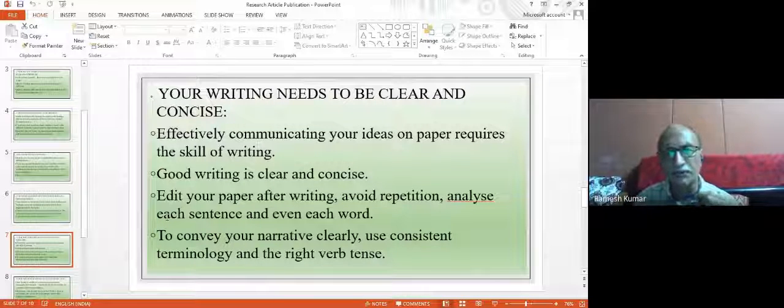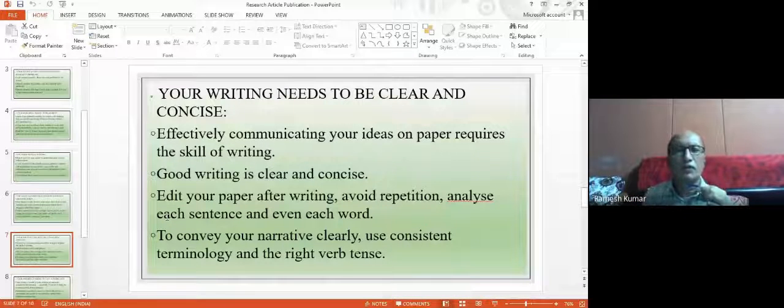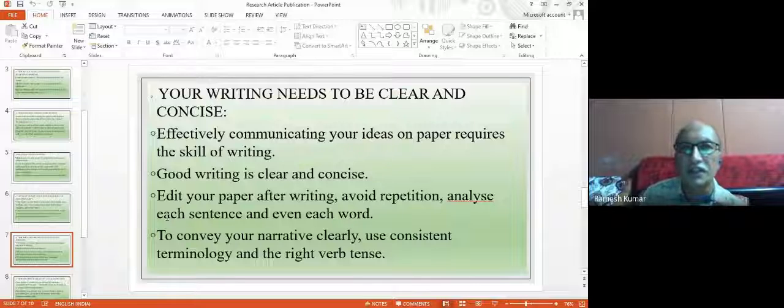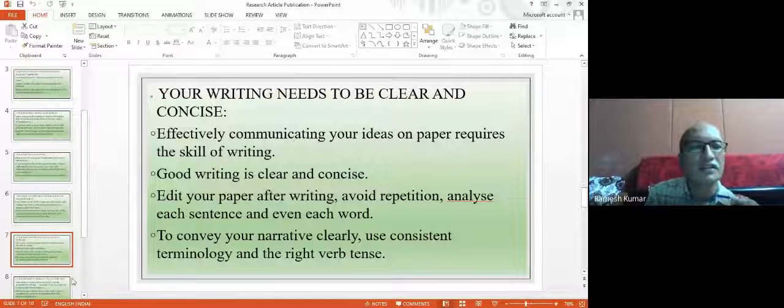That should not be there. Throughout your paper, whatever tense you have used in the beginning should continue. It should not be inconsistent. There should not be any kind of inconsistency while you are representing that.